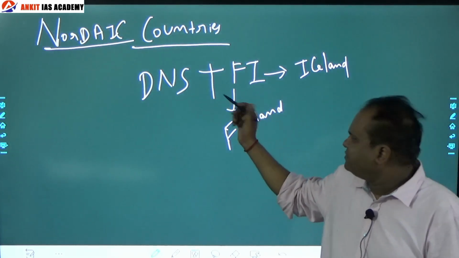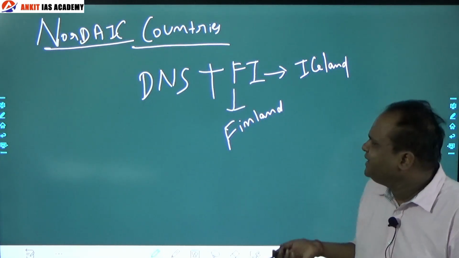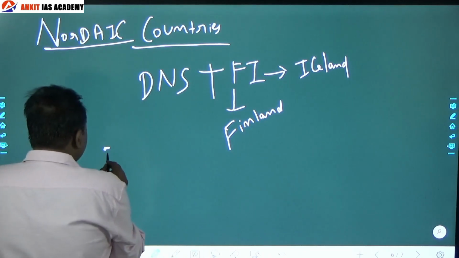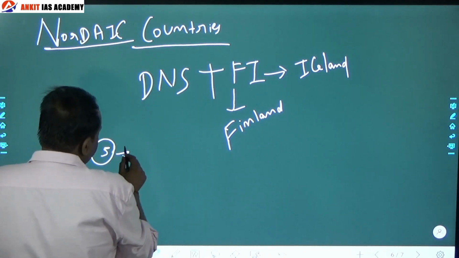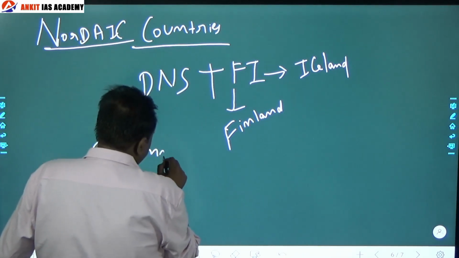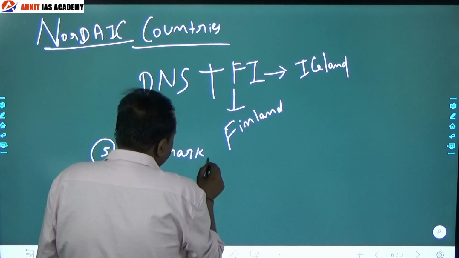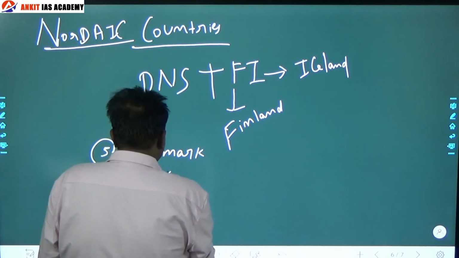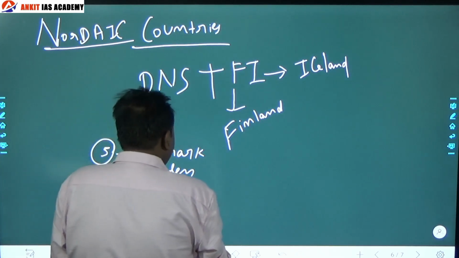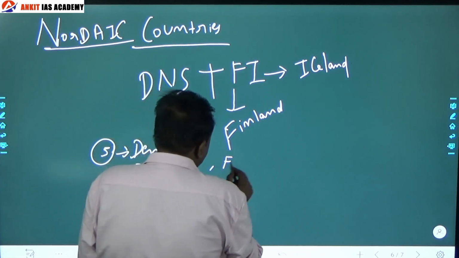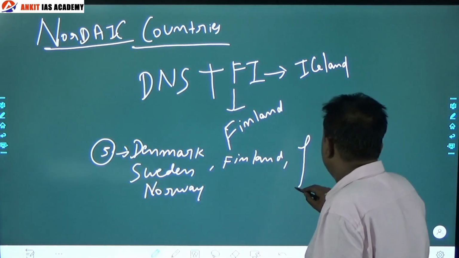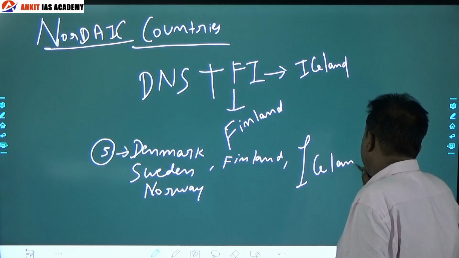Basically, it is a mnemonic. DNS is Denmark, Norway, Sweden. So there are a total of 5 countries which come under Nordic countries: Denmark, Sweden, Norway, Finland, Iceland.